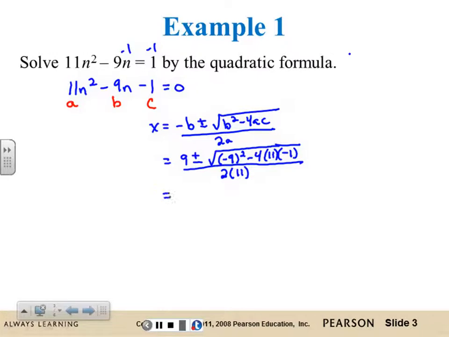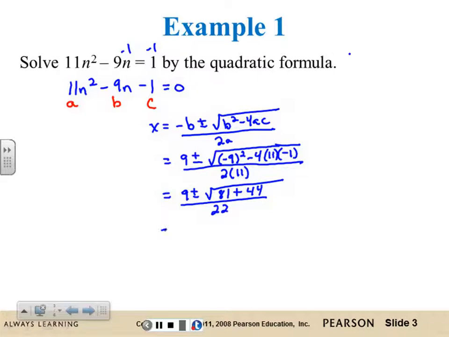From here, we're just going to do the math. So we'll have 9 plus or minus the square root. Negative 9 squared is going to be 81. Negative 4 times 11 times negative 1 is plus, negative times negative is positive, 44. All over 2 times 11, which is going to be 22.